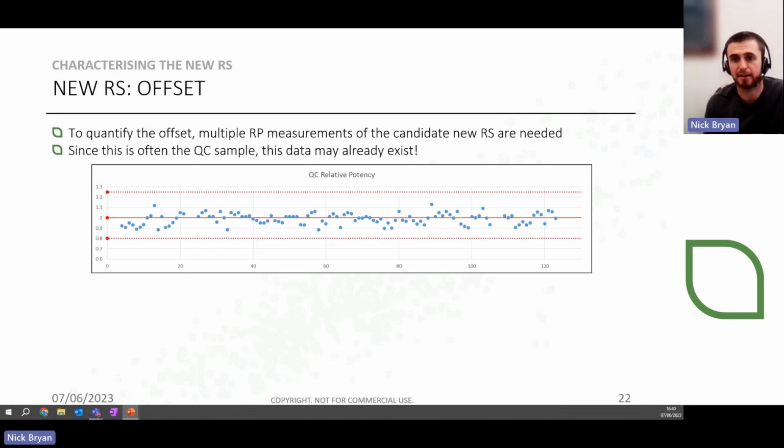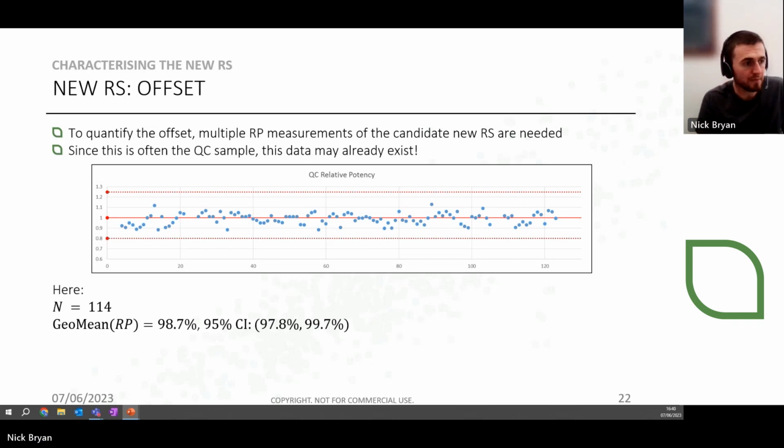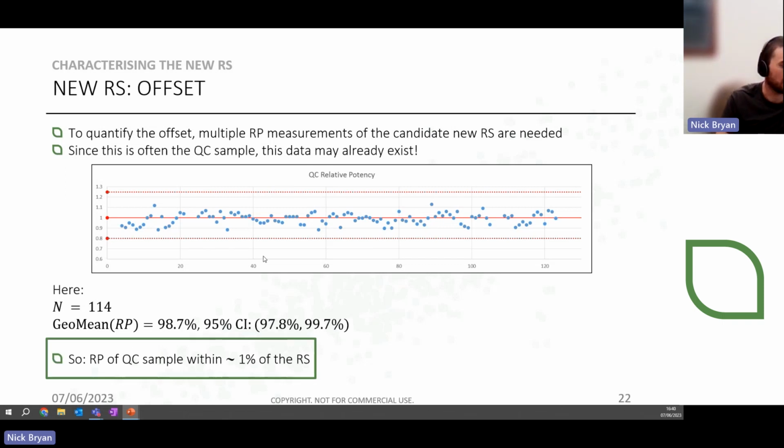We would be able to calculate a good estimate of our average relative potency for the QC sample. So we would calculate the geometric mean of that relative potency and the confidence interval around it. The geo mean is based on the mean on the log scale, and that gives us a value of 98.7%. So we're almost within 1% of the old reference standard.